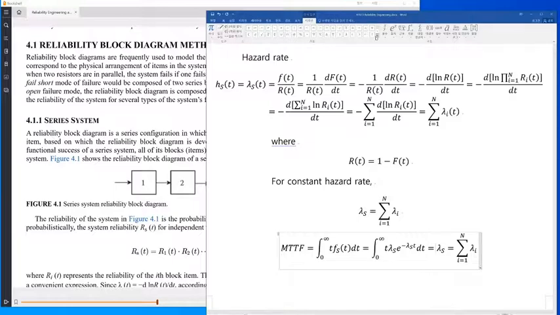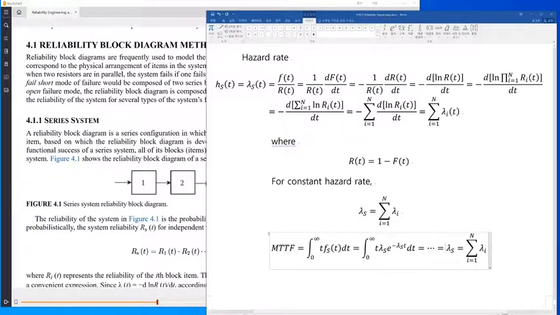So if you actually perform the integration, then the final result that we are going to get is that lambda s should be placed in the denominator.